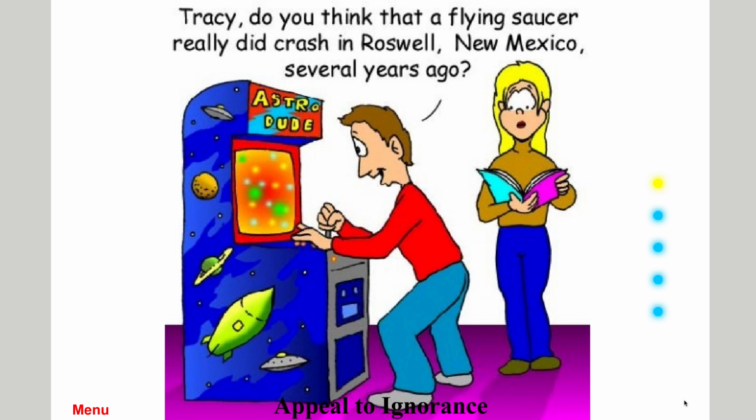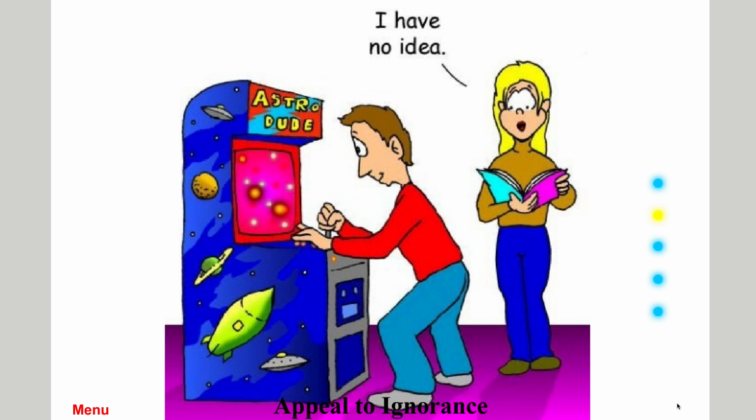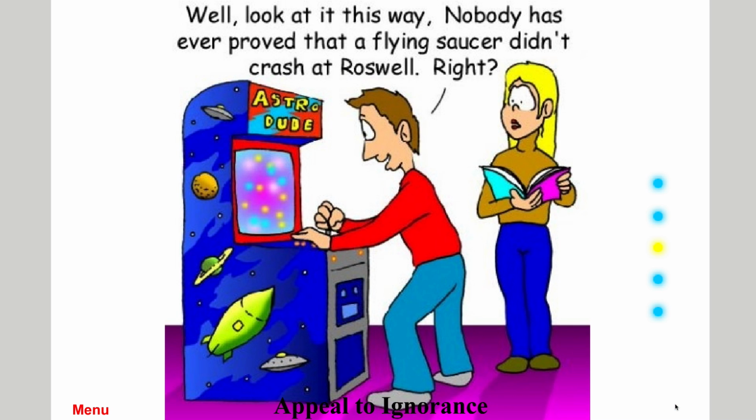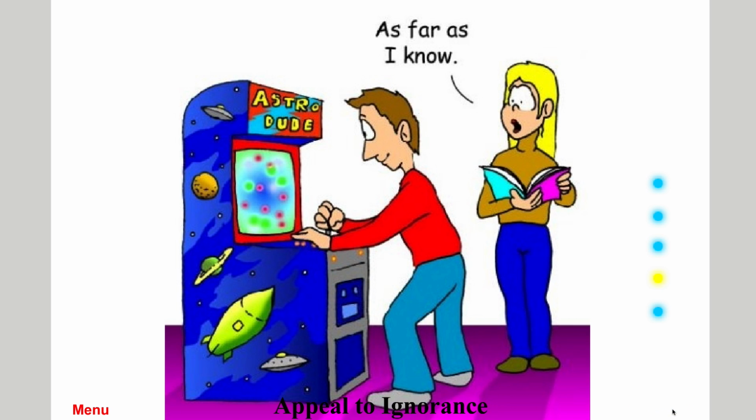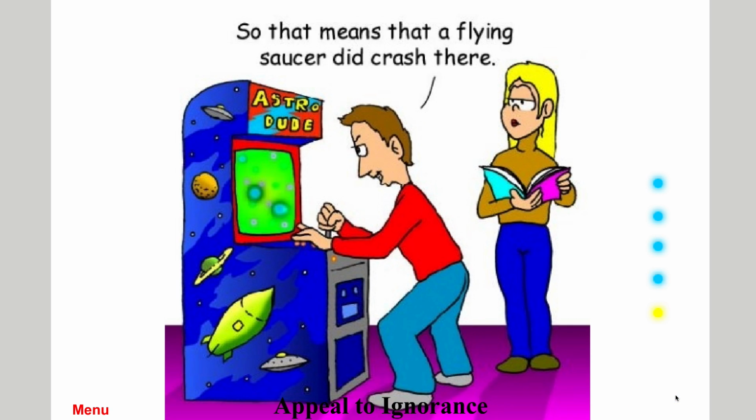Tracy, do you think that a flying saucer really did crash in Roswell, New Mexico several years ago? I have no idea. Well, look at it this way. Nobody's ever proved that a flying saucer didn't crash at Roswell, right? As far as I know. So that means that a flying saucer did crash there. Again, he's starting from nobody has proved this to saying something positive, right?